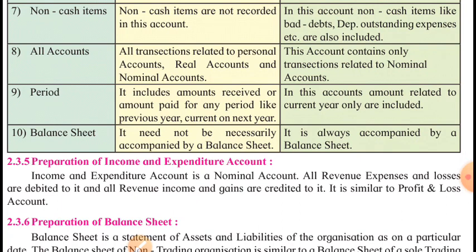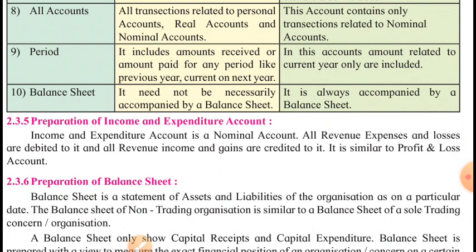But as we know, the income and expenditure account is a nominal account, so only transactions related to nominal accounts can be shown in it. In the receipt and payment account, items related to the previous year, the present year, as well as the next year can be seen. But in the income and expenditure account, only items related to the current year are recorded.